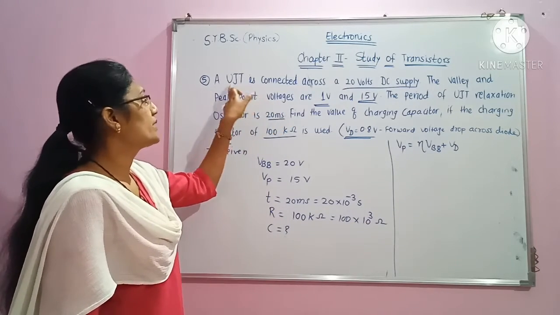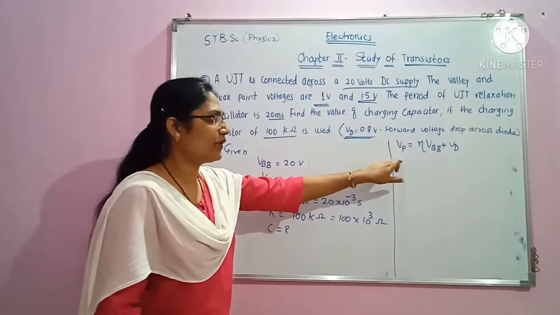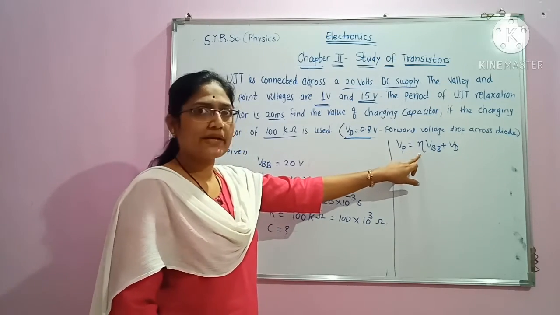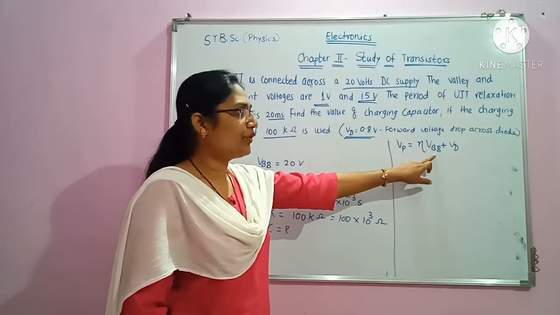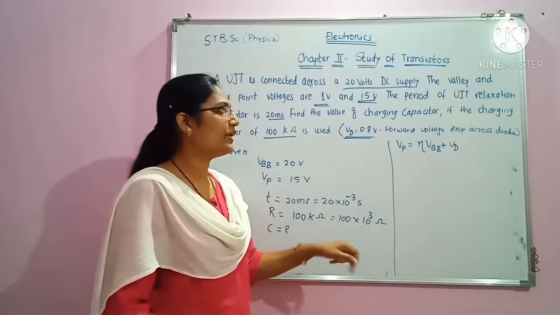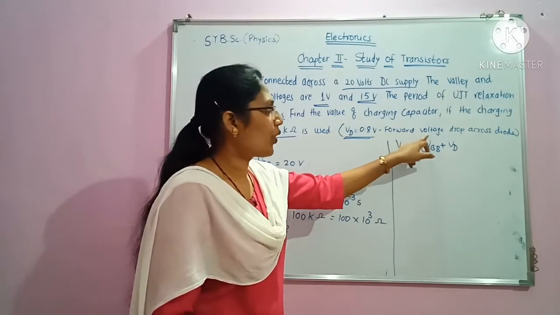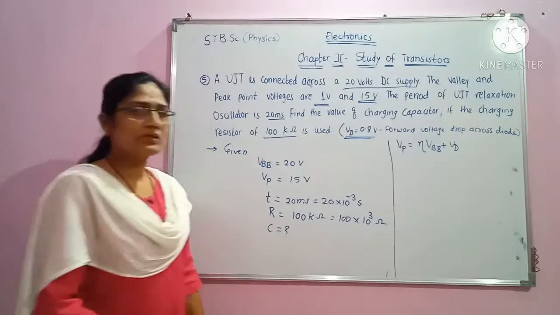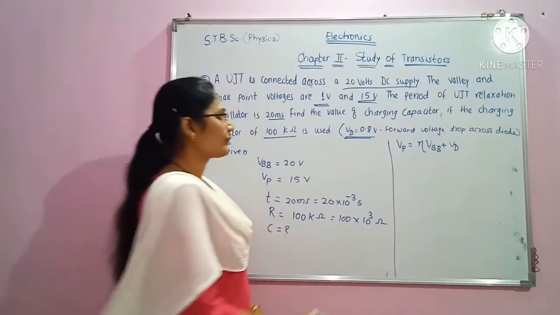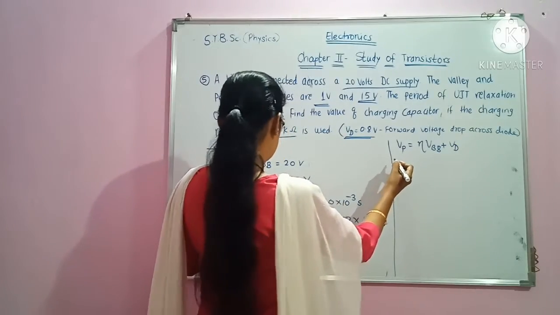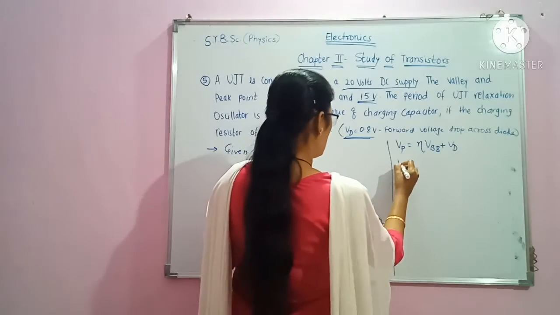Peak point voltage in case of UJT is given by intrinsic stand-off ratio into VBB plus VD. VD is nothing but the forward voltage drop across the diode.